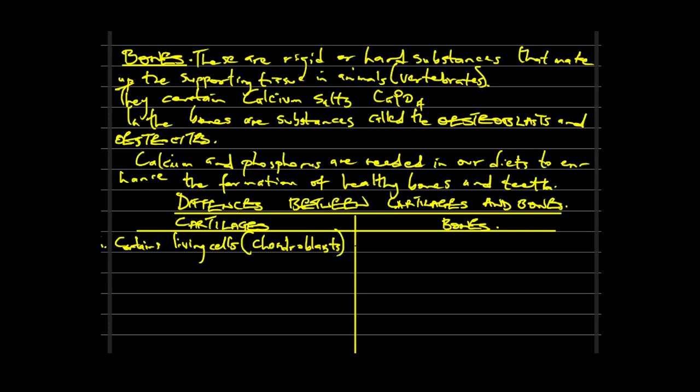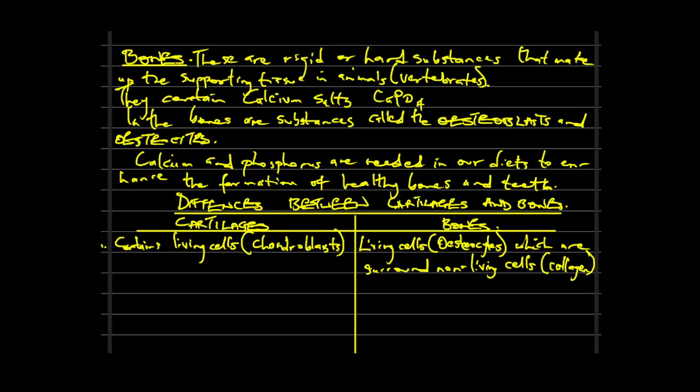Unlike cartilages, the bones also have living cells called the osteocytes. They are surrounded by non-living material, and that is collagen.